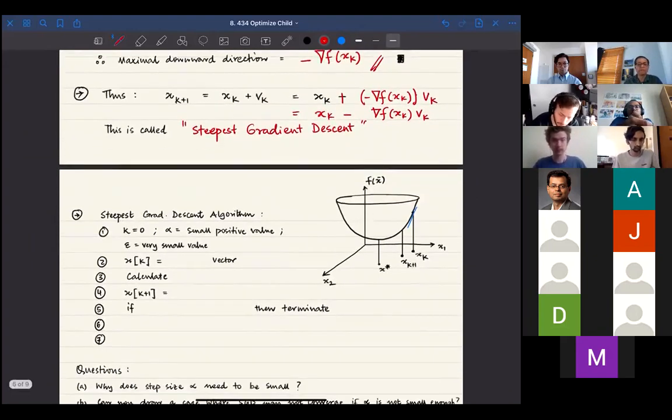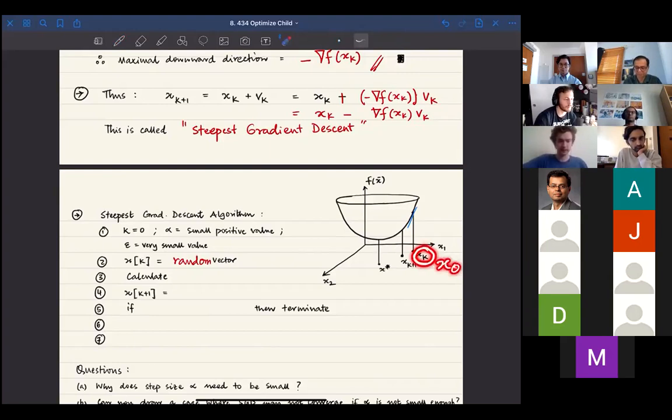The algorithm is as follows. Let's say k equals 0. That's your starting point. And pick some alpha, which is some positive value. And let's also pick some very small epsilon. We'll see how they become relevant. So now pick xk as some random vector. xk is x0 at this point. Pick some random vector, let's say this point.